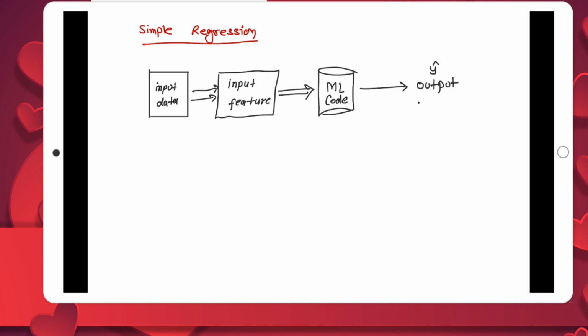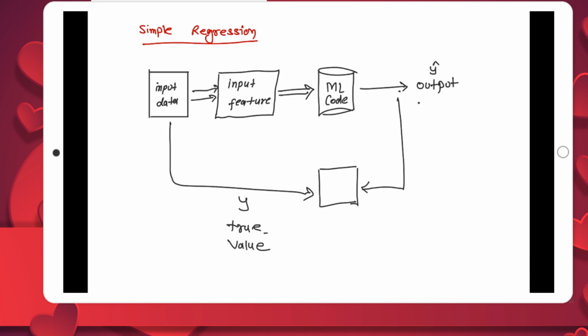Then this output, which is actually the predicted output, gets compared. Let's say here you have the error generator, and there you have y, that is the true value of y, and this y hat output is the estimated or predicted output.